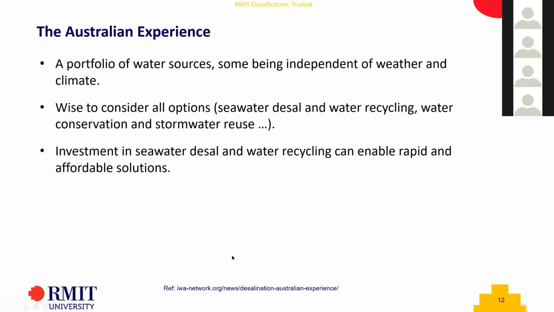And we have learned that investment in seawater desalination and water reuse can enable rapid and affordable solutions. Not like other options, if you build a storage dam, it could take a decade or longer. Desalination and water recycling can deliver very quick results.